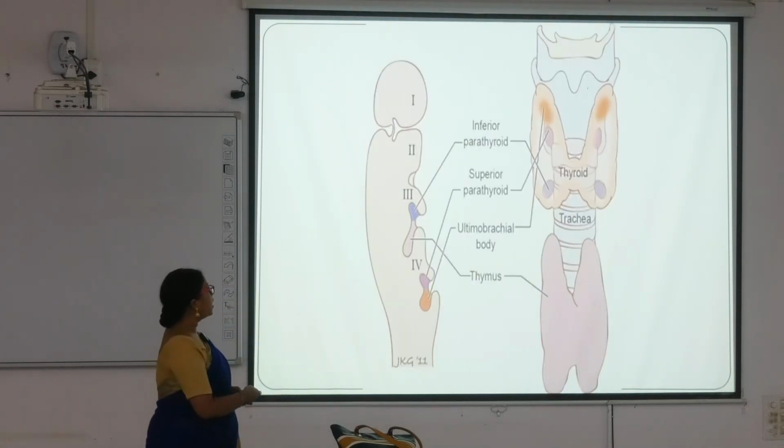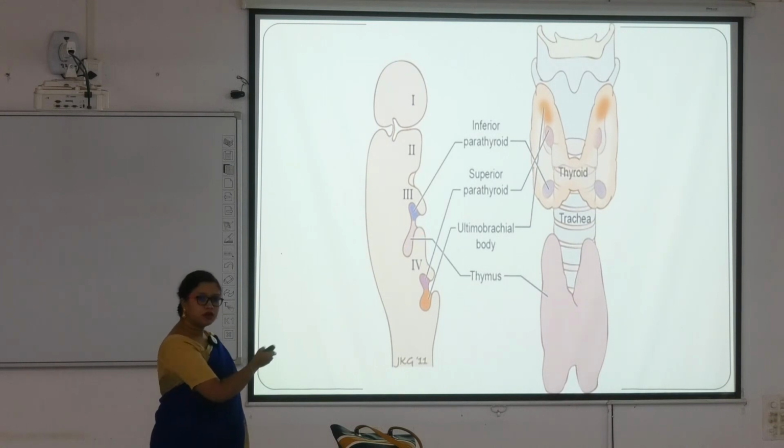So see where it is present previously. So they have shown this is the endodermal pouch. Right? So if you see the derivative, third pouch কী হচ্ছে? Inferior parathyroid, okay, and also the thyroid. But what about the fourth one? The thymus, superior parathyroid, and in between there is another body, right?